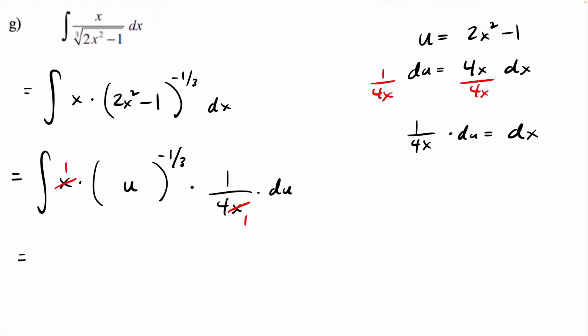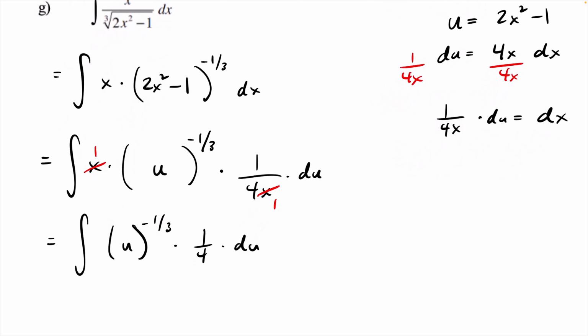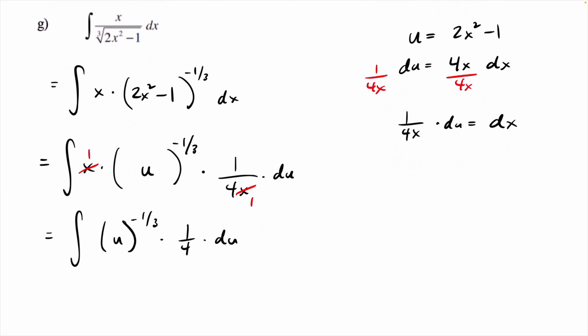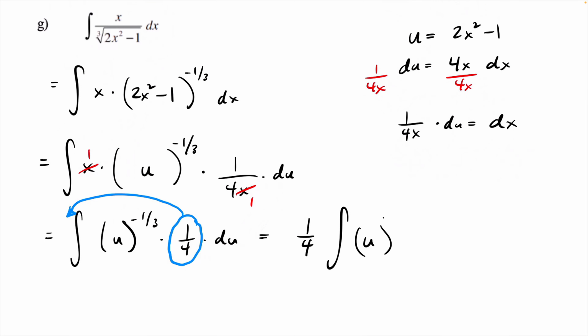So I get u to the negative 1/3 times 1/4 times du. The 1/4 I can move to the front because that's a coefficient. 1/4 u to the negative 1/3 du.